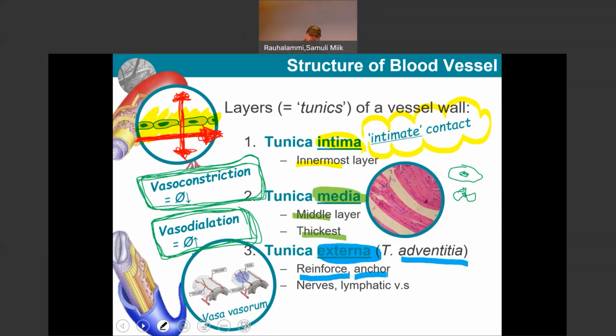And now that we have talked about that, there's only one more little detail that I've included on this slide that I want to mention to you at this point. So, of course, we have different kinds of blood vessels, even though all of these blood vessels have these same three general layers. There's some amount of variety in blood vessels depending on where they are, what they are needed for, and so on. And some of the blood vessels end up being very thick and very big in size.